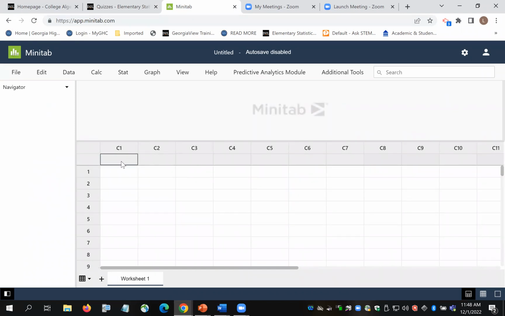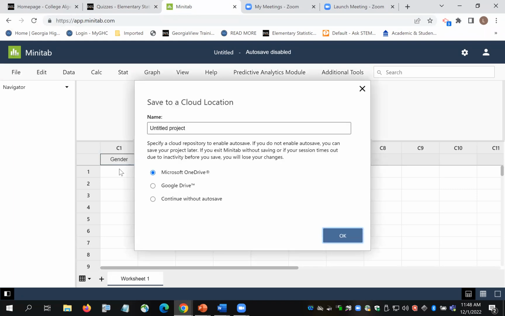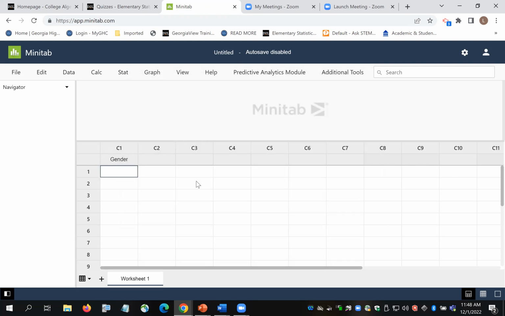The first column is going to be the gender, whether they're male or female. Then we have usually eat 3 meals per day, and we have rarely.